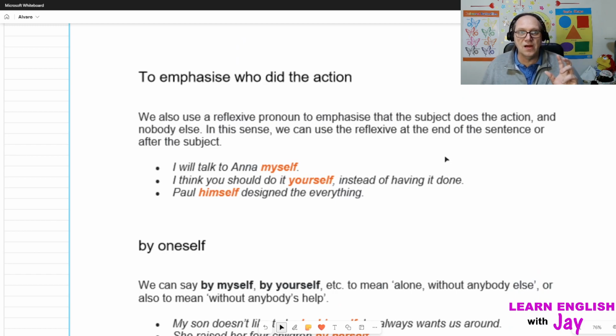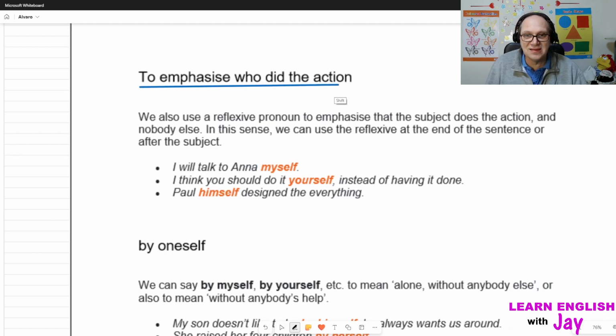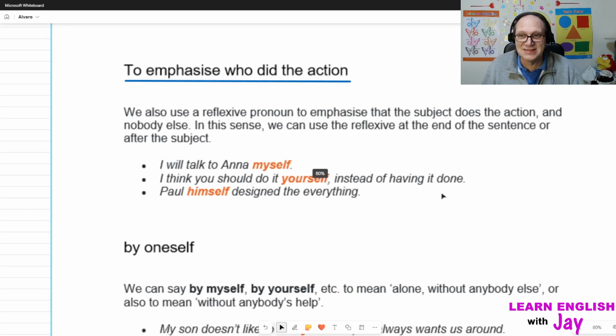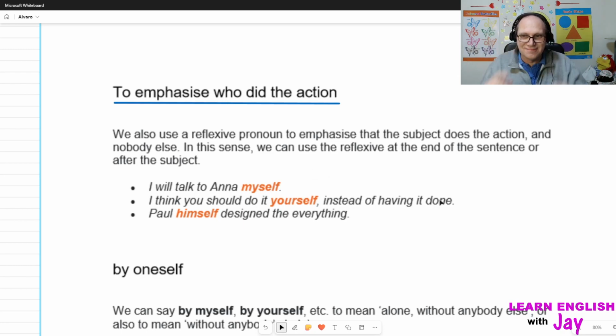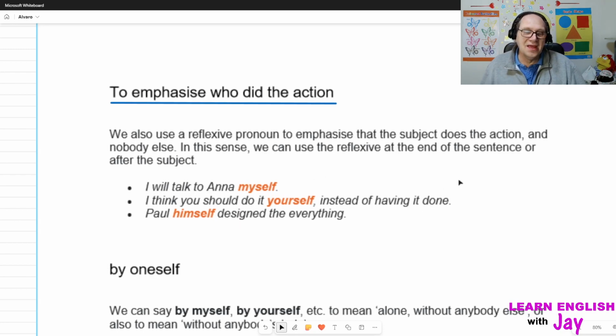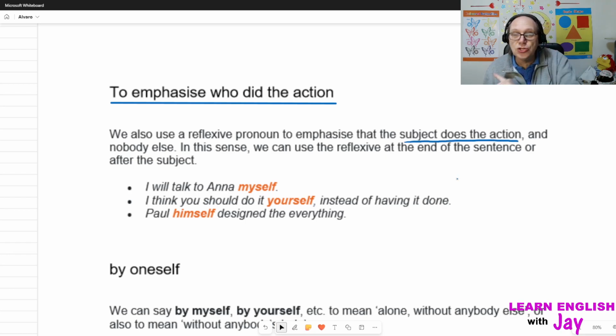Now, one way to use this is to emphasize who did the action. That's a nice way to really bring that in there. We also use it to emphasize that the subject does the action and nobody else is involved.